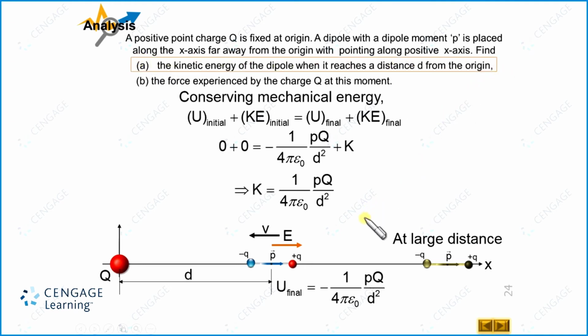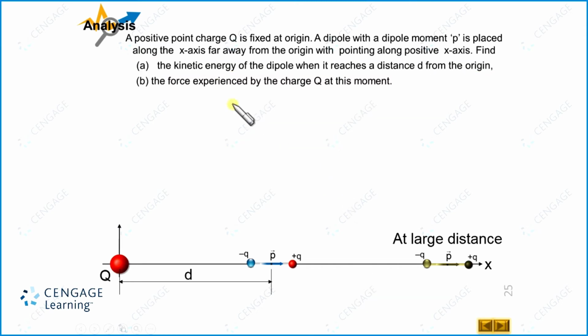Let us move to calculate part B. Part B is the force experienced by the charge Q at this moment. Okay, we know the electric field because of this dipole at the position of the charged particle, because the charged particle is placed at the axial position of the dipole and it is at a distance small d.